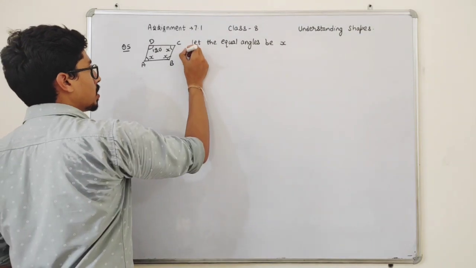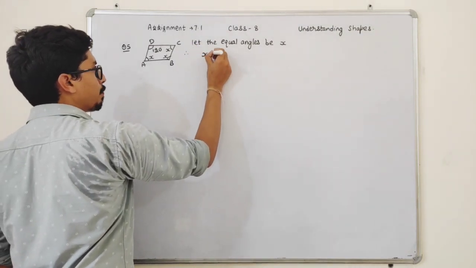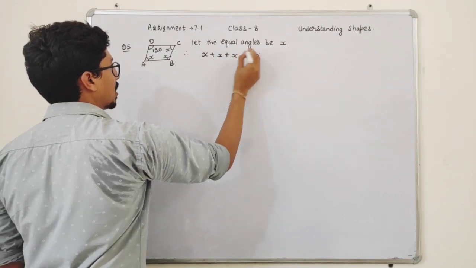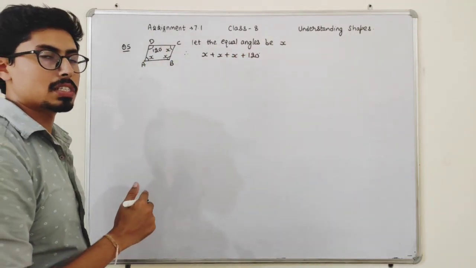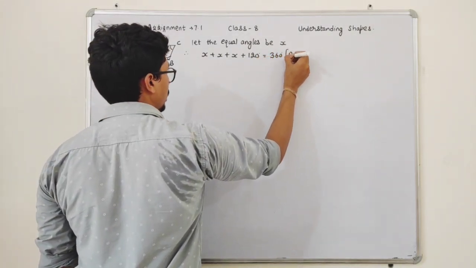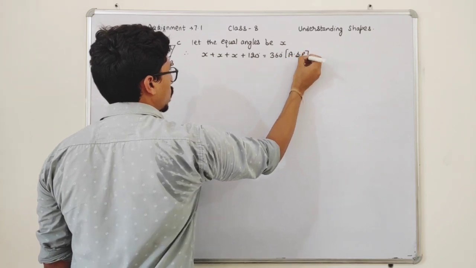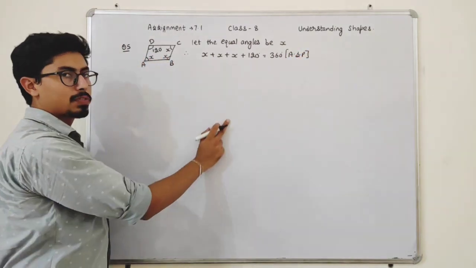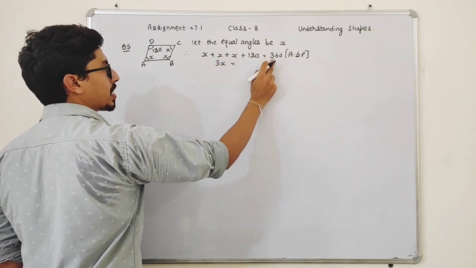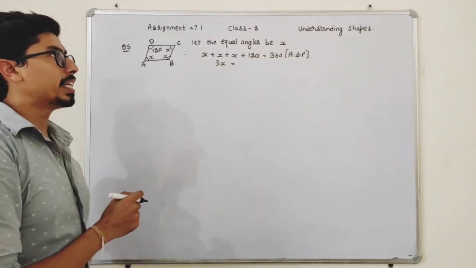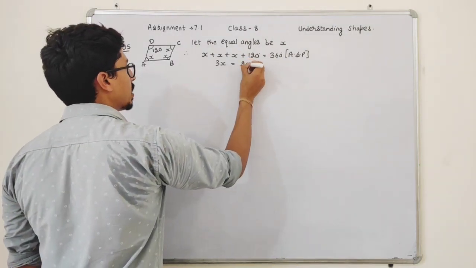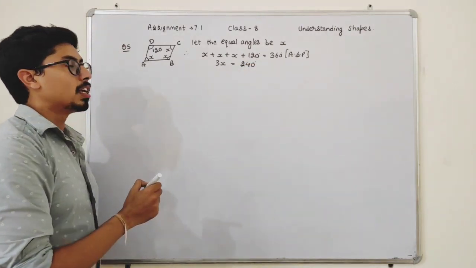Therefore, the sum of these four, x plus x plus x plus this 120 degrees, is 360 by the angle sum property of a quadrilateral. So x plus x plus x will be 3x. 360 minus 120 will be 240.